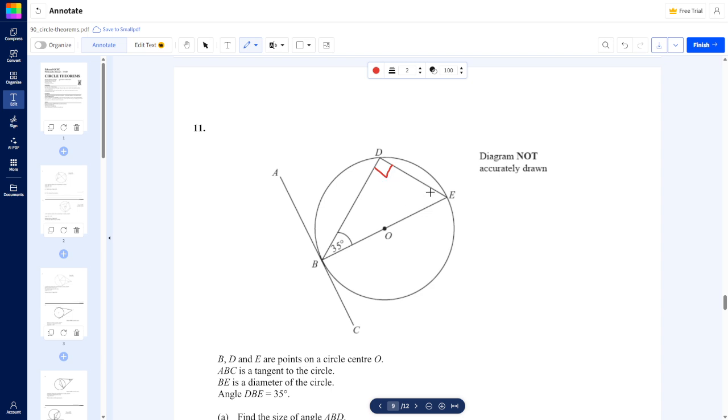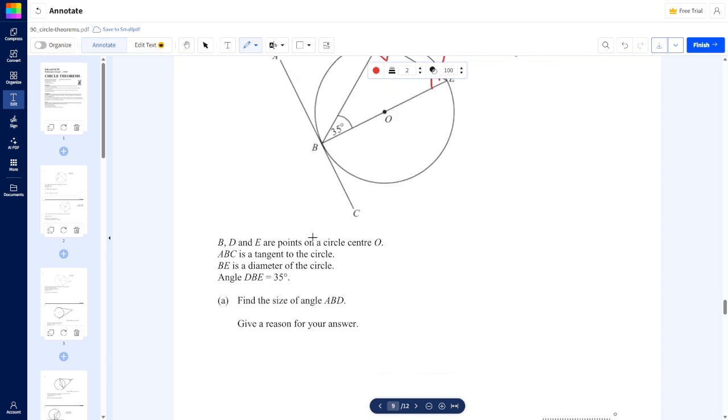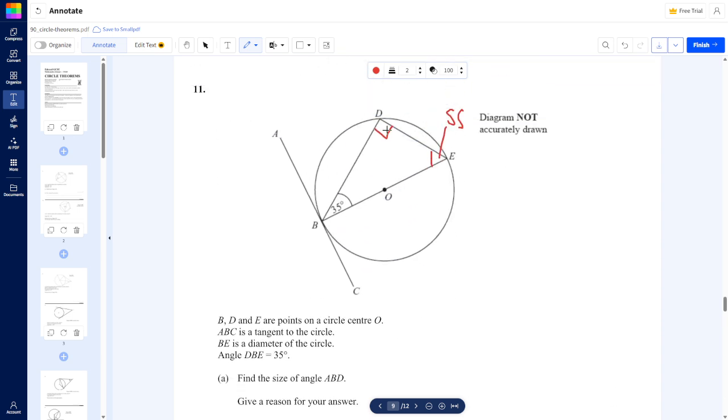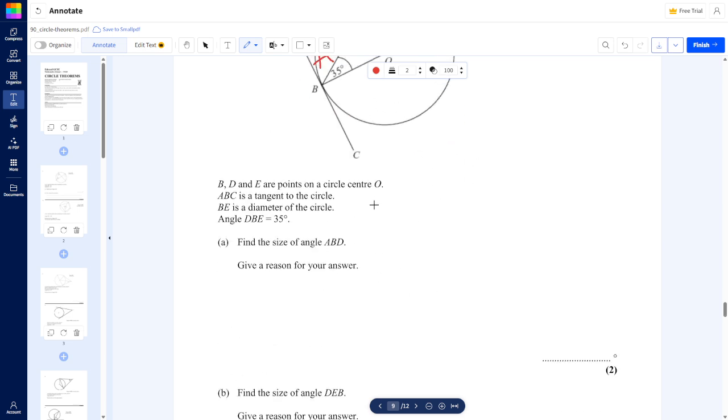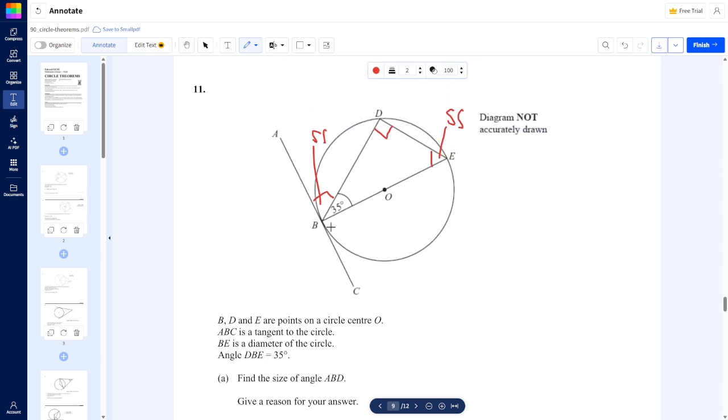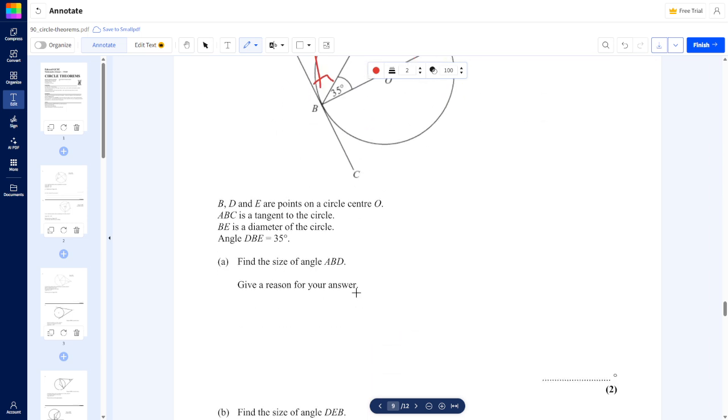Which means this angle over here is going to be 180 minus 90 minus 35, or 55. And because of the alternate segment theorem, these two angles are in alternate segments, which means they are the same. So those are two circle theorems you need to know. First you would say angle BDE equals 90 degrees because it's inscribed in a semicircle.